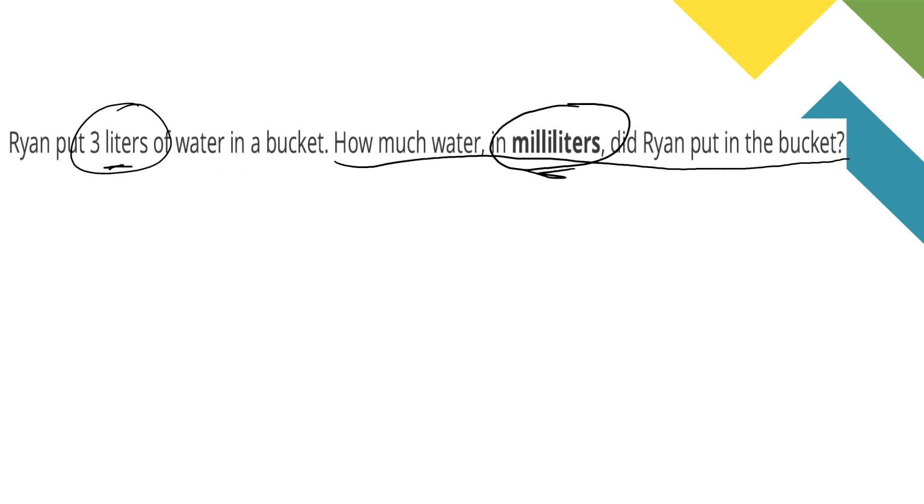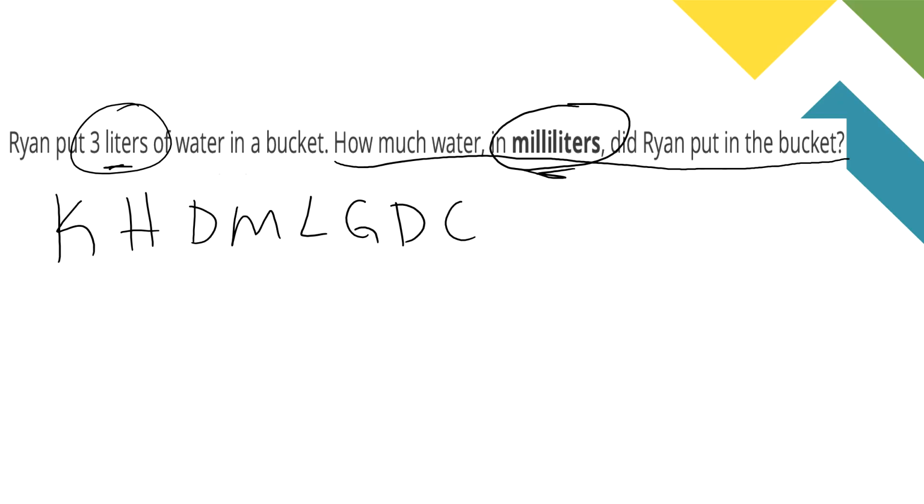All right, so as soon as I see those words, I'm writing out my King Henry drove my little green Dodge car Monday. Box MLG. All right, number from the question. Find my decimal point. Oh, I skipped a step, didn't I? What you do to the letters, you do to the number. So I need to do my letters first.